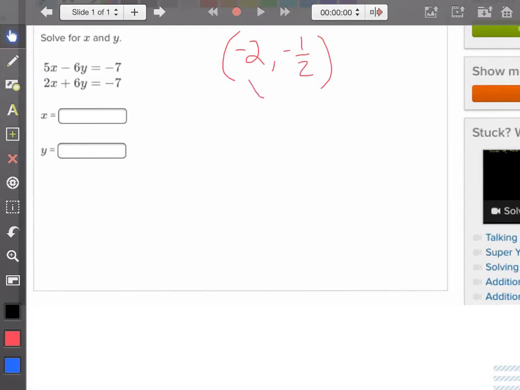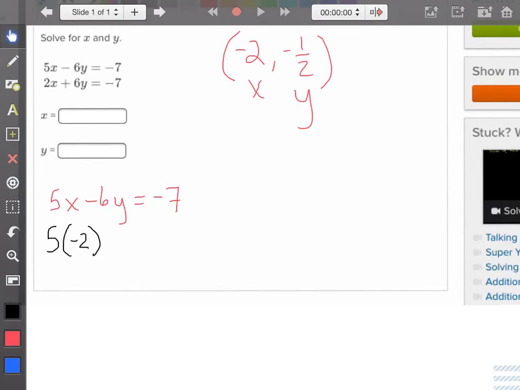So we're saying that this is x and this is y, aren't we? So let's plug them in. Now here's the thing, in order for it to be the correct answer, it has to work in both equations. So I'm going to write the first equation, 5x minus 6y equals negative 7. And I'm going to plug in the values for x and y. So I've got 5 times what?